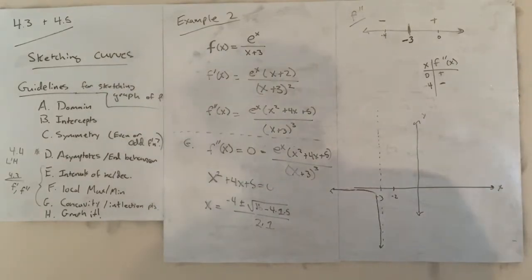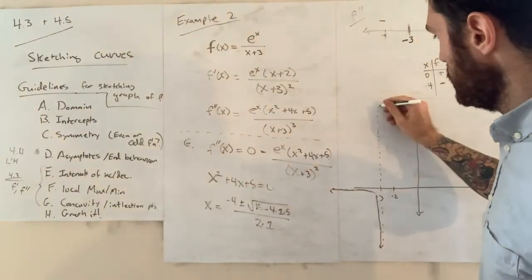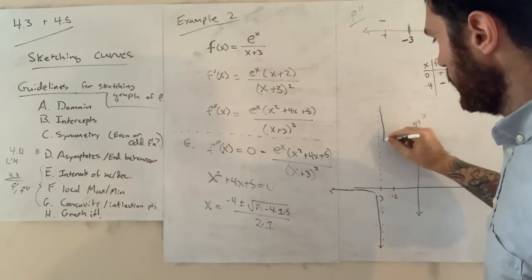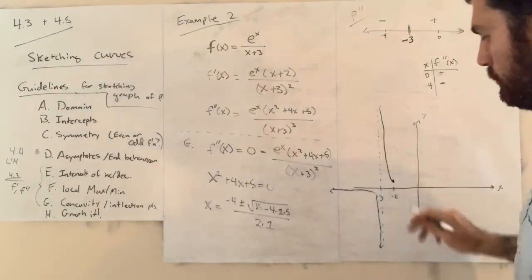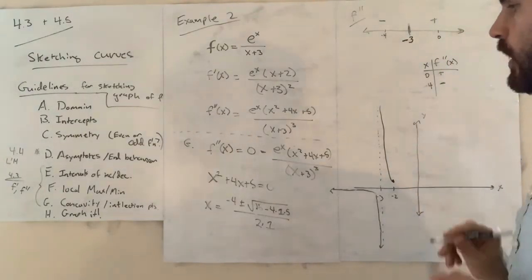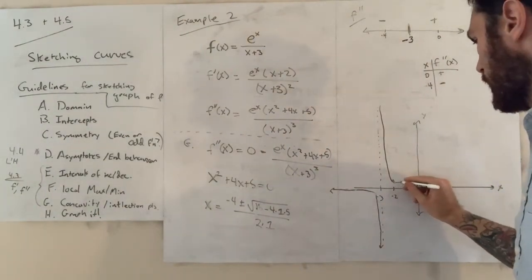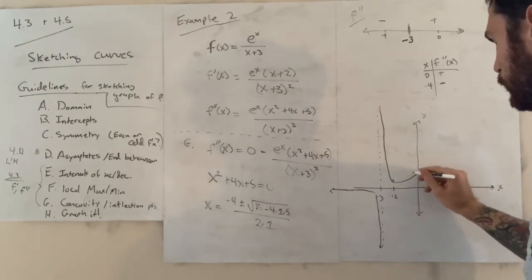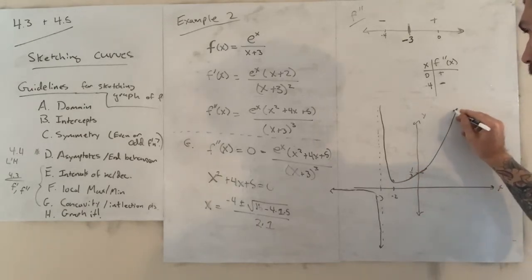Now, to the right of negative 3, remember, from negative 3 to 2, it's going to be decreasing. So that means it's coming in hot from this asymptote, and it decreases, and this is a local minimum value. And then it's going to shoot off, and we know it crosses the y-axis at 1/3, and then it shoots off to infinity.